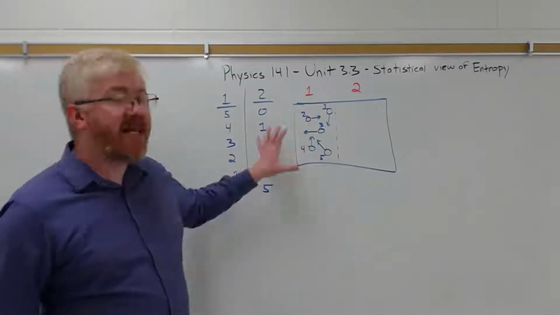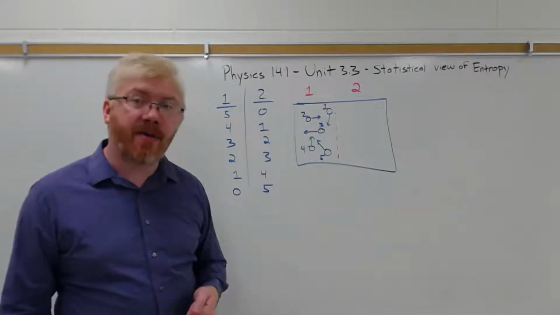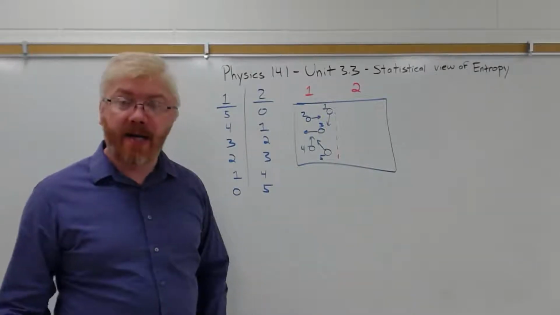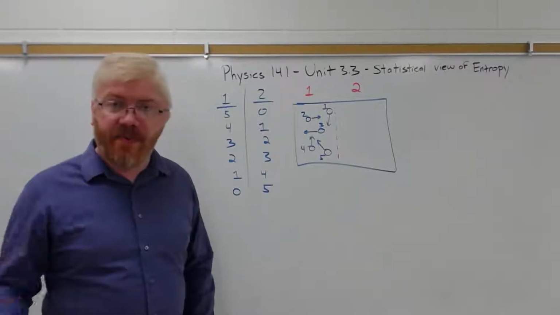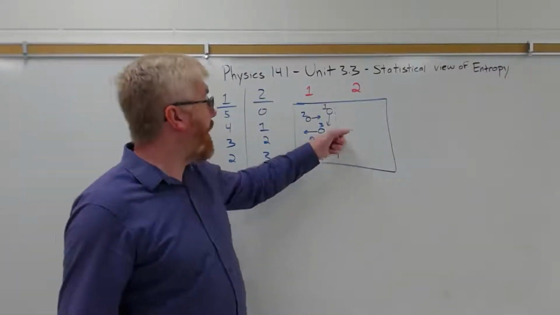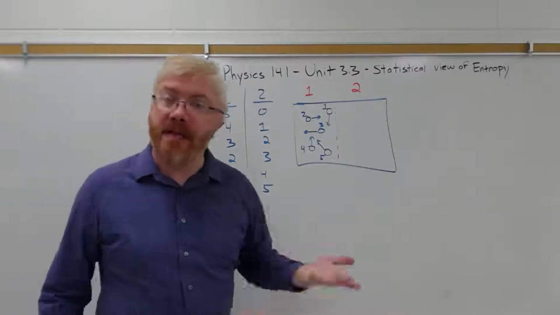And if you look at the possible combinations, they're identical to the coin flip experiment we just did, right? Because the odds are the same. The odds of flipping a coin, heads or tails, is 50-50. The odds of a helium atom being in one side of the room or the other is 50-50.